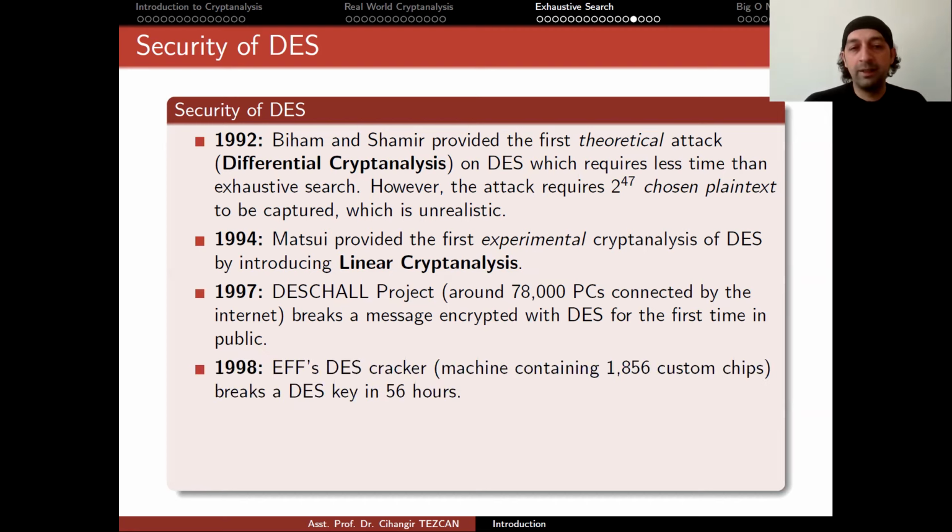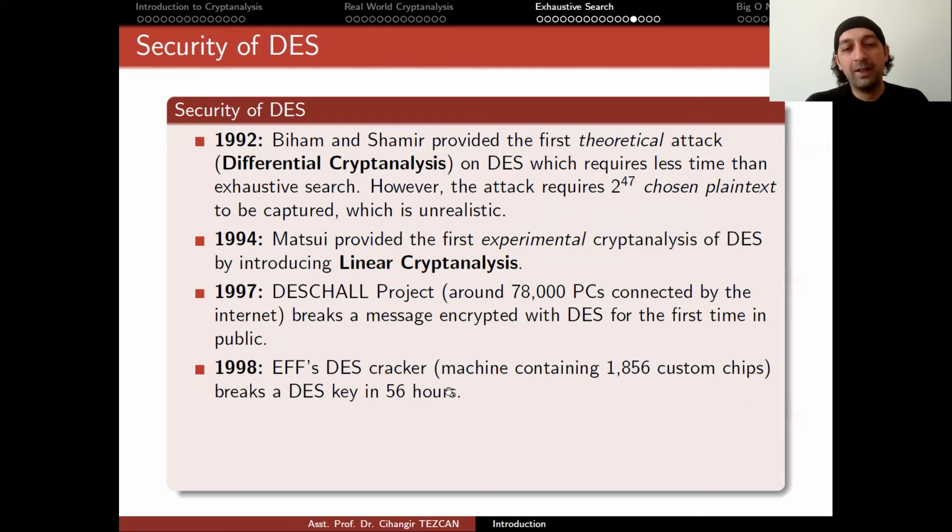And in 1998, EFF designed a machine called DES Cracker. This machine contained close to 2,000 custom chips that can perform exhaustive search on DES, and it captures the key in 56 hours. As you can see, it has become more practical.